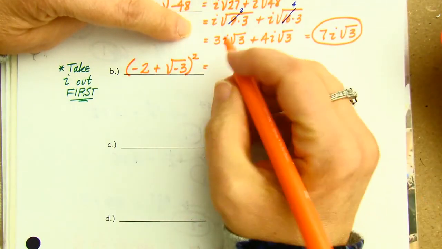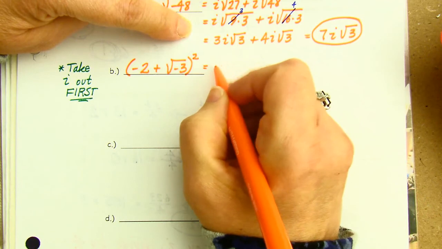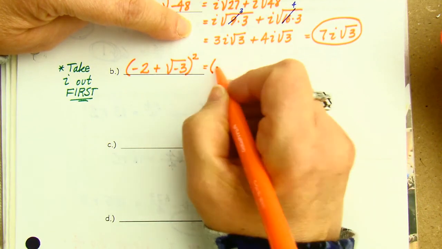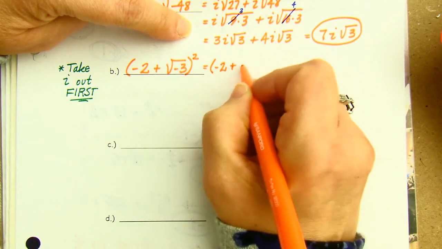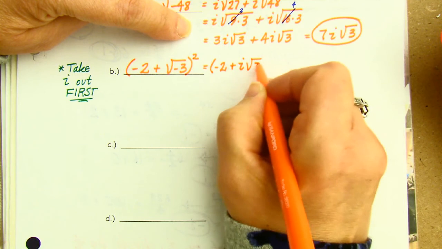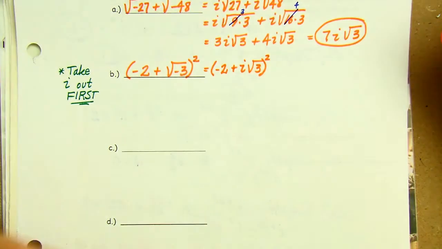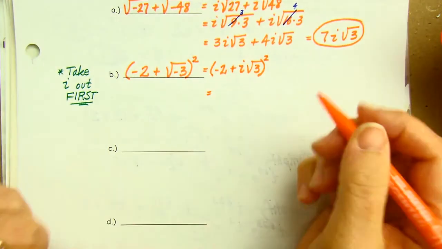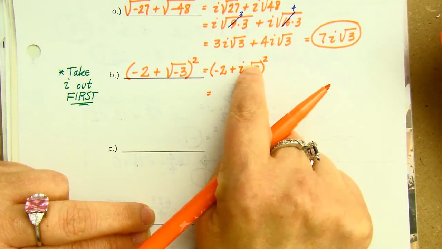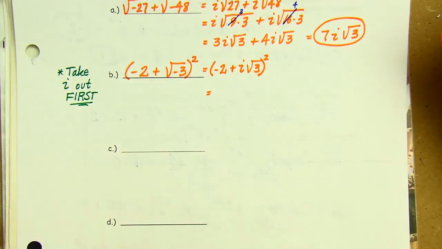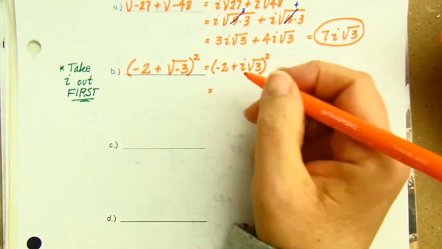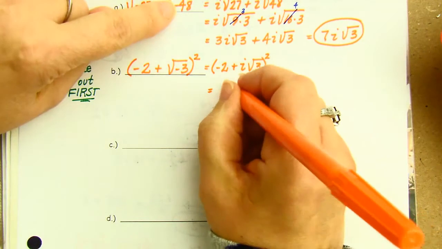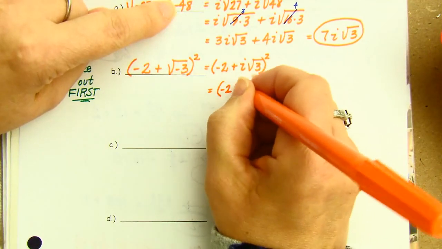This becomes negative 2 plus i root 3 quantity squared. Now remember, how do you square a binomial? You square the first, you square the second, first times second, then double. Excuse me. So I'm going to square a negative 2.